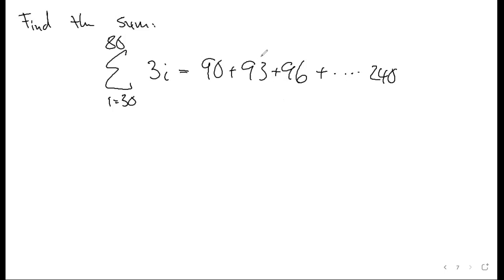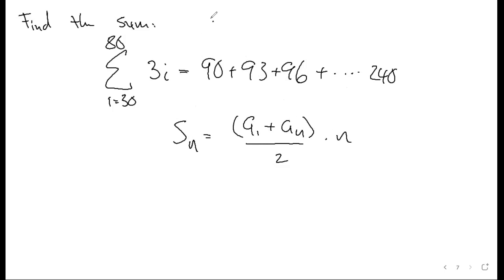Okay, so how will I find this sum? We could use the little Gauss method, but maybe we should be a little bit more systematic. I know that S sub n is (A1 plus An) over 2 times n.